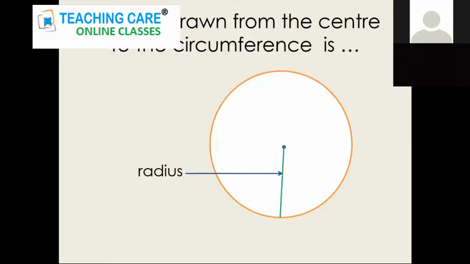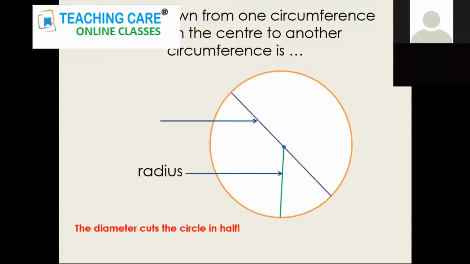The diameter is the line drawn from one point on the circumference through the center to another point on the circumference. The diameter is twice the radius and cuts the circle in half. D equals 2 times R.